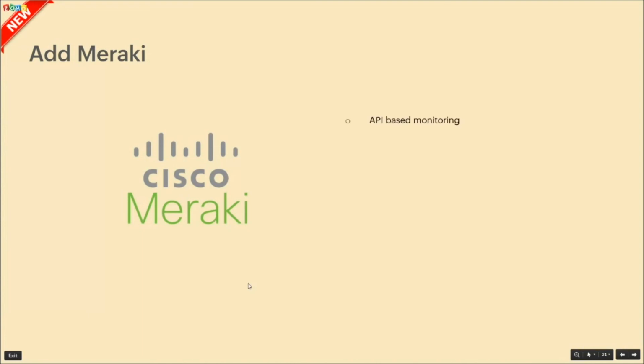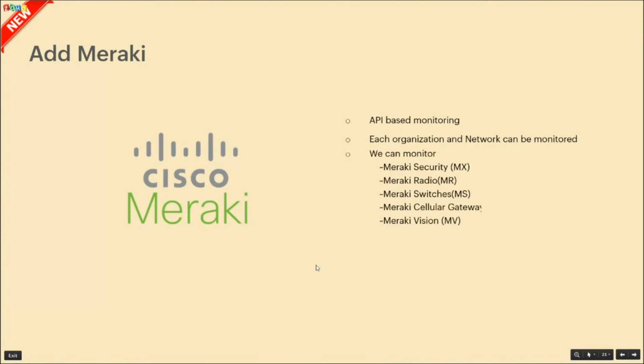So here the Meraki based controller discovery works based on the API, and you can monitor each organization, and the networks can be monitored in an easy and much more in-depth fashion. And when we talk about the Cisco Meraki controllers, you will be able to monitor the Cisco security, the Cisco radio, Cisco switches, Cisco cellular gateways, and also the Meraki vision as well.